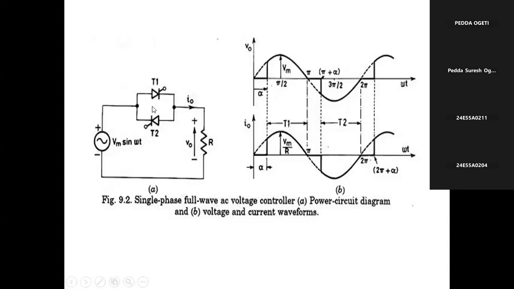How the thyristors are connected? Can anyone tell? How T1 and T2 are connected? Roll number 204, can you tell how T1, T2 are connected? Unmute your mic and tell me how T1, T2 are connected.